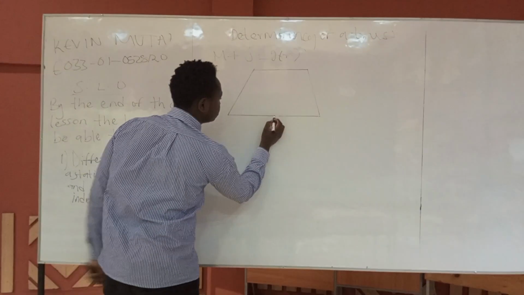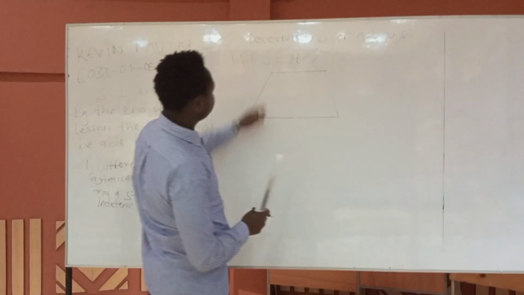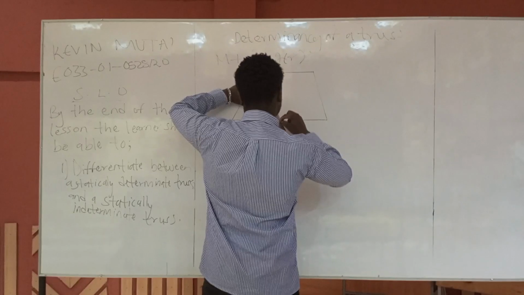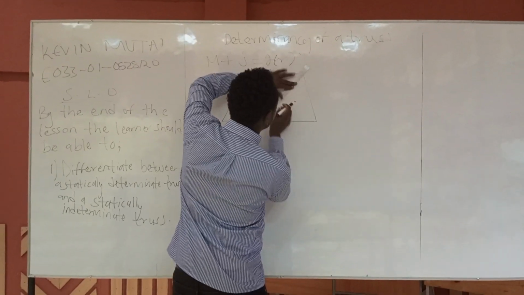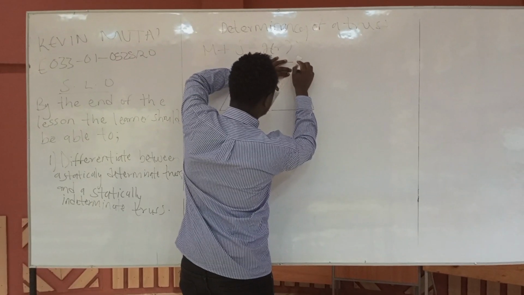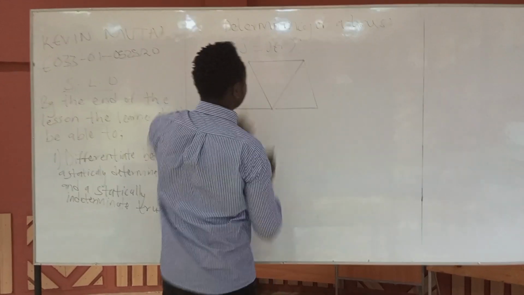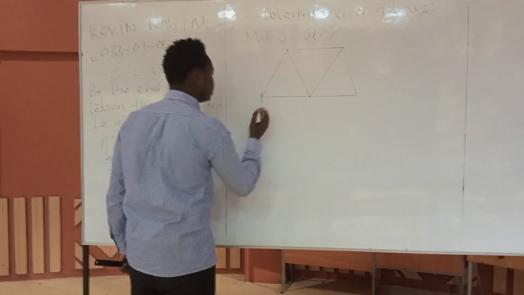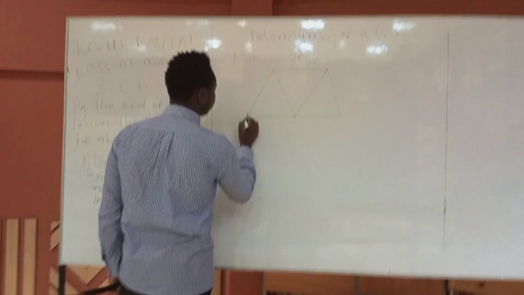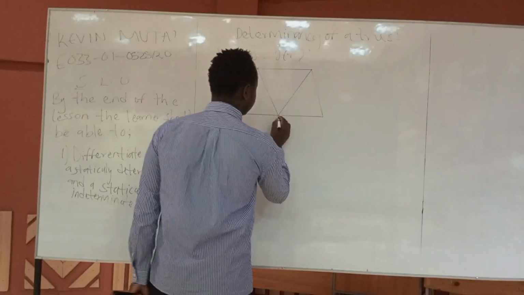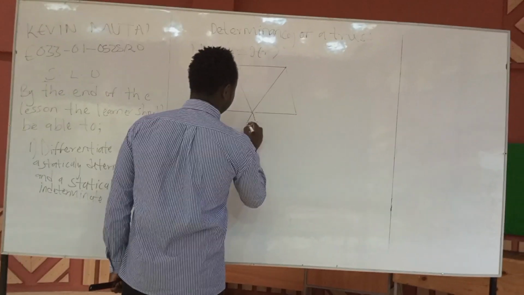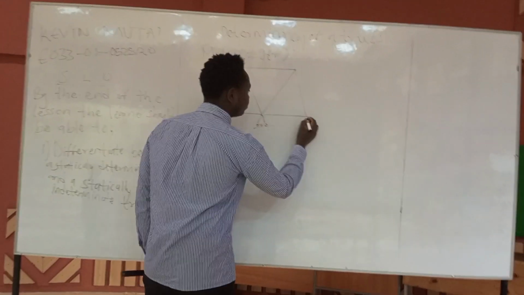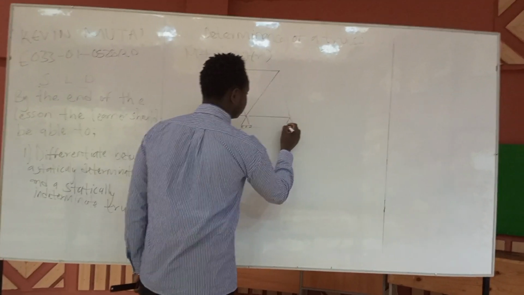So this is the truss. Then in our given truss, let's say this end is fixed. Here we give it a roller support. Here we give it a pin support.